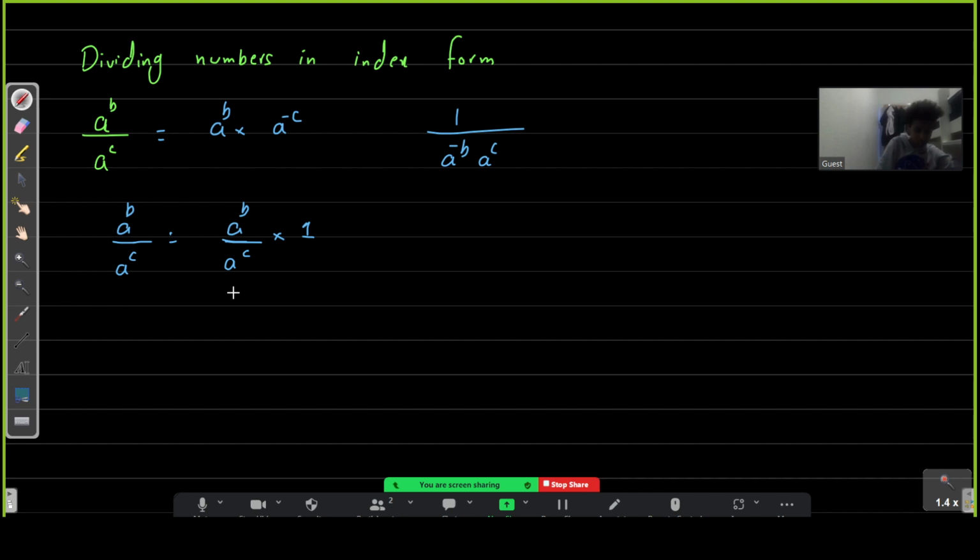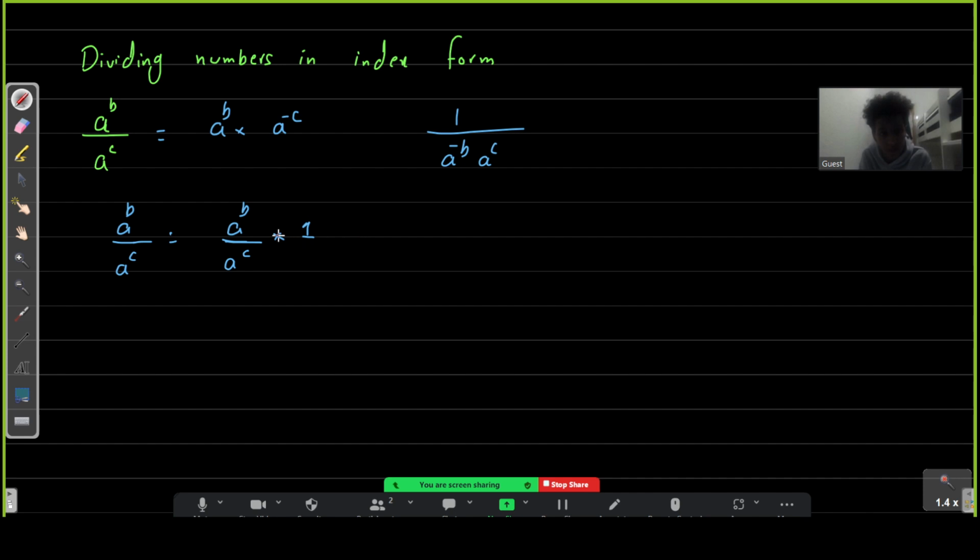Any number can be multiplied with 1. We already have seen the multiplicative identity. Multiplicative identity can multiply with any number, and nothing is going to change. So we have just used a property of multiplication which says that the multiplicative identity, which is 1, can multiply with any number.